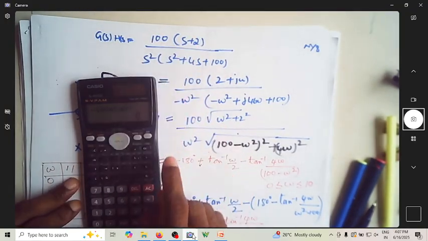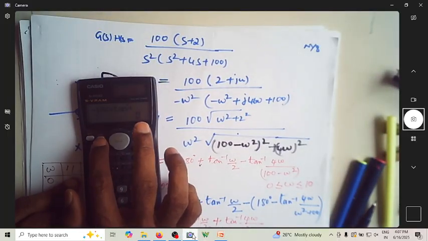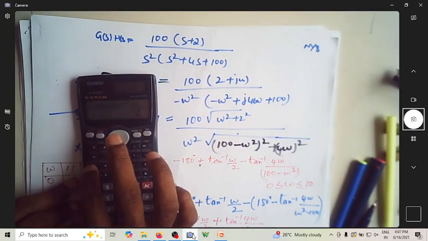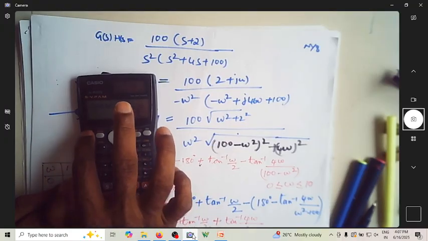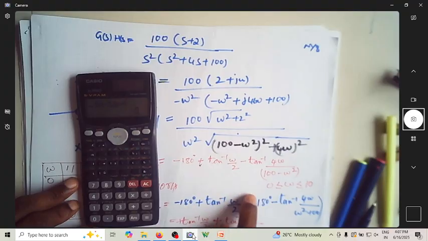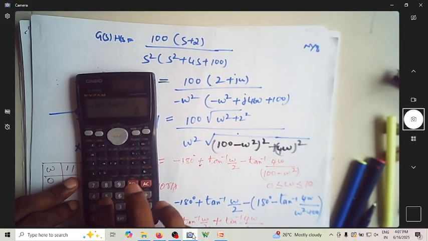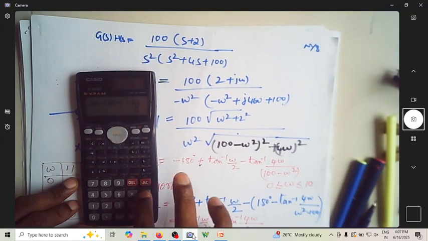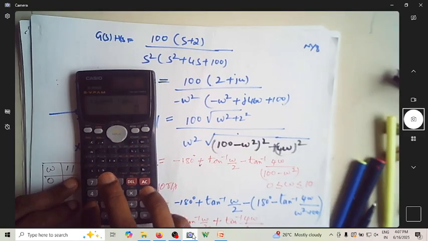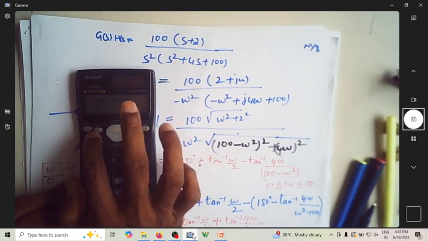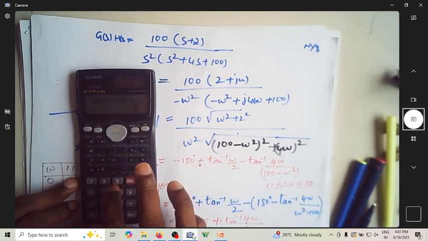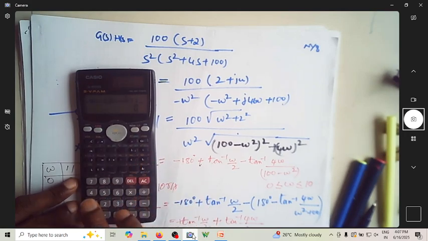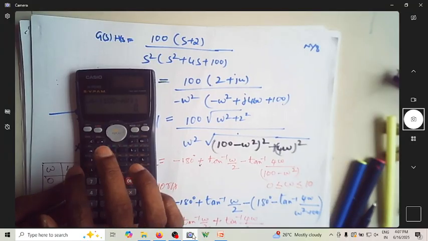So this is actually dominating. So tan inverse of 0.5 alpha minus of tan inverse of open the parenthesis 4 alpha divided by open the parenthesis 100 minus alpha square close.